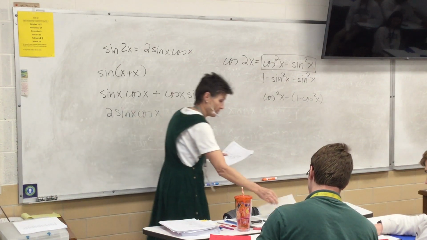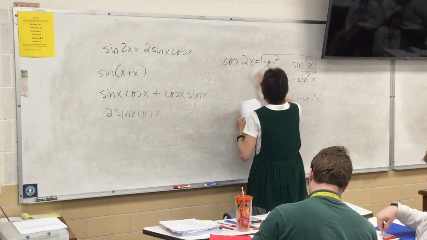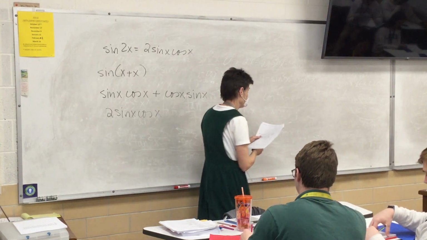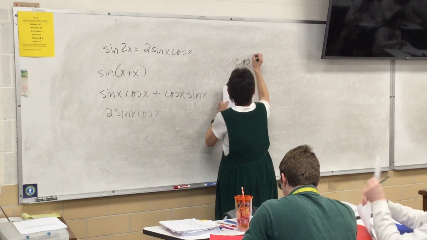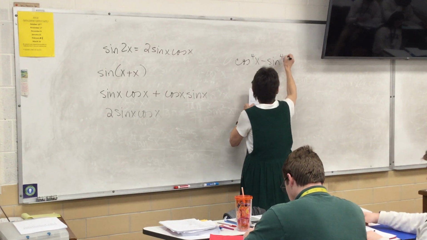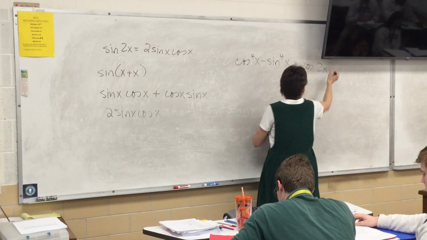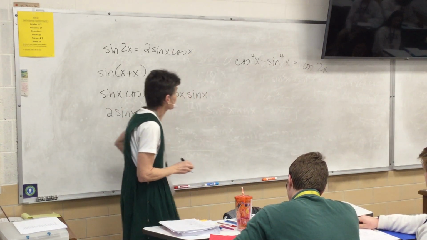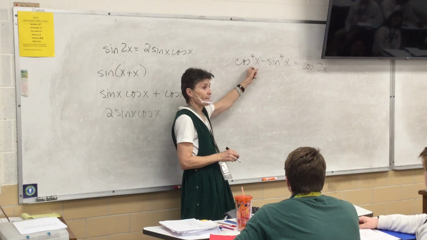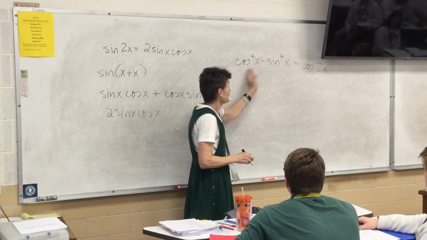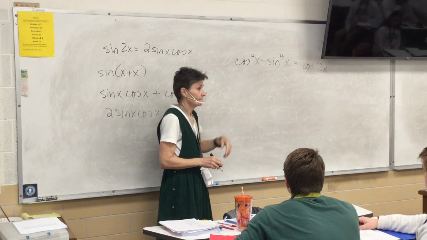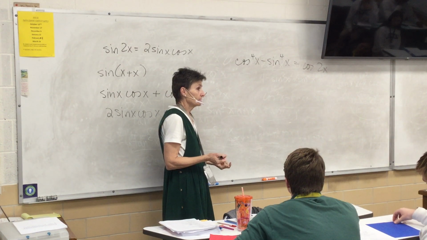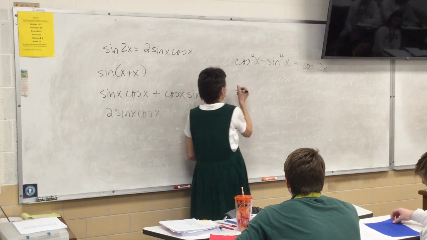Okay, now let's look at the next problem, which is another proof or verification. What do you notice about this? Anything? Does anything strike you when you look at this right here? It's cosine. Yeah, it's the difference of squares.